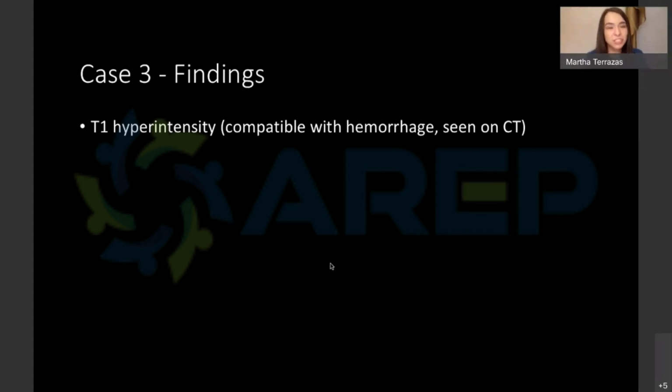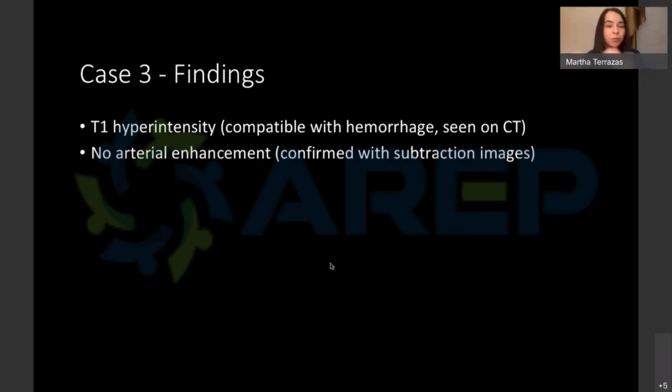So this lesion is T1 hyperintense. We know that it was bleeding that we saw on CT. We didn't really see arterial enhancement, right? That was confirmed with the subtraction images, and there was no intracellular or microscopic fat, but we still were leaning that this was probably an adenoma because she did not have history of cirrhosis, no chronic hepatitis B, bleeding liver lesion.